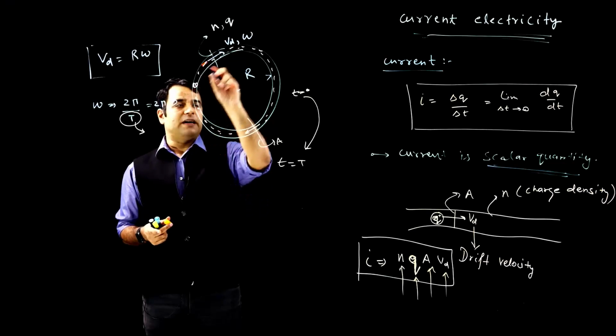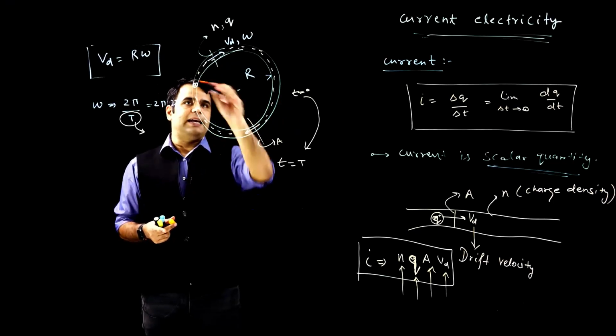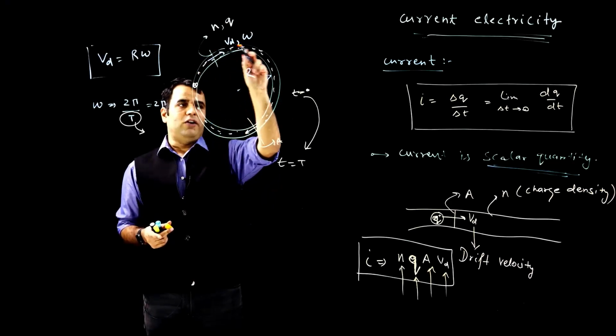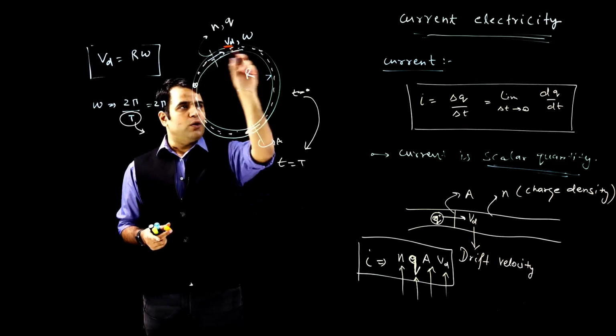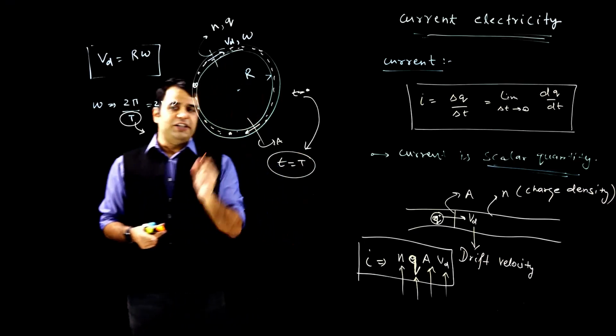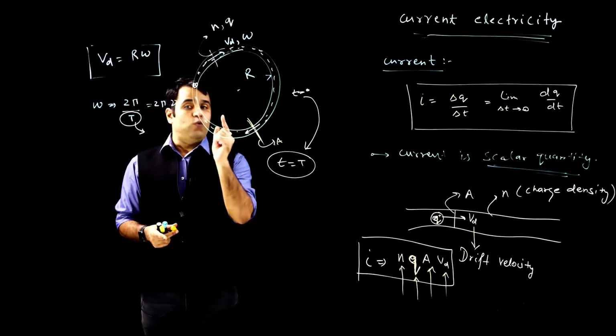After completing one rotation, it will reach here. This charged particle will also perform one complete rotation and come here. This one also, and this one also reaches this point. So within this time, each and every charged particle will cross this cross-section area only once.